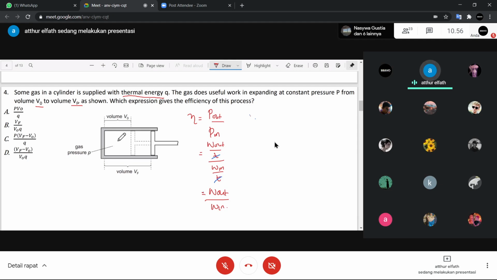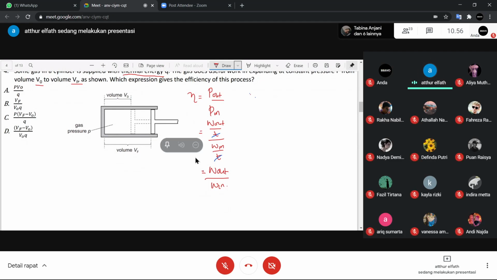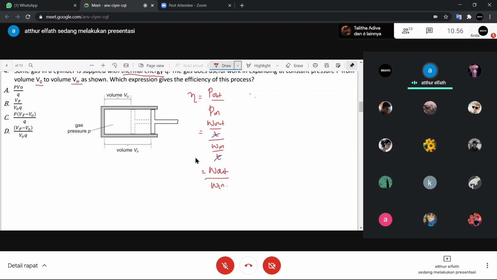This is about gas, so you have to remember how to find the work of gas. We have discussed in previous questions how to find it. Work of gas can be calculated by this formula: pressure times change of volume.